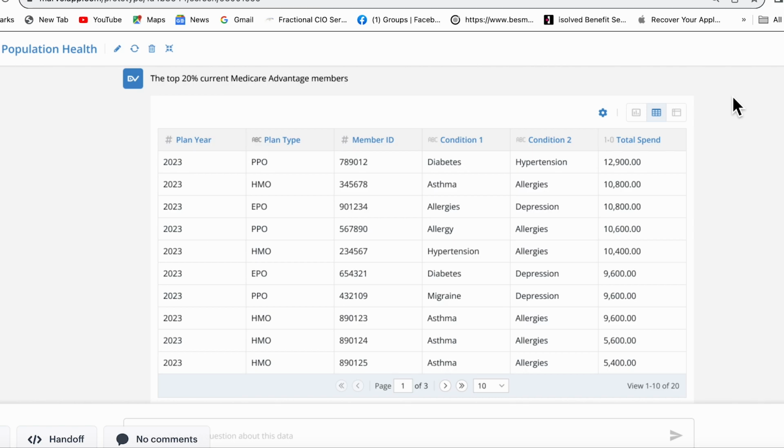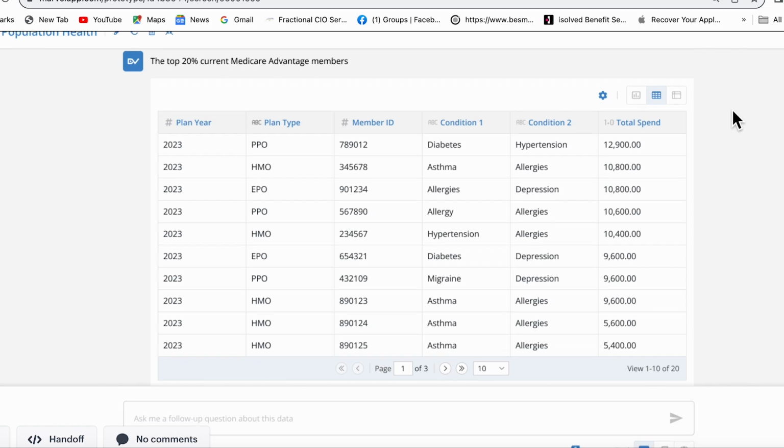And so at that point, the chat interface can accept within this cohort what are the top 20% of the current Medicare Advantage members that fall within this population health study. So you can see again a quick return of the cases here that are ranked in descending order by total spend, representing the top 20% of cases.